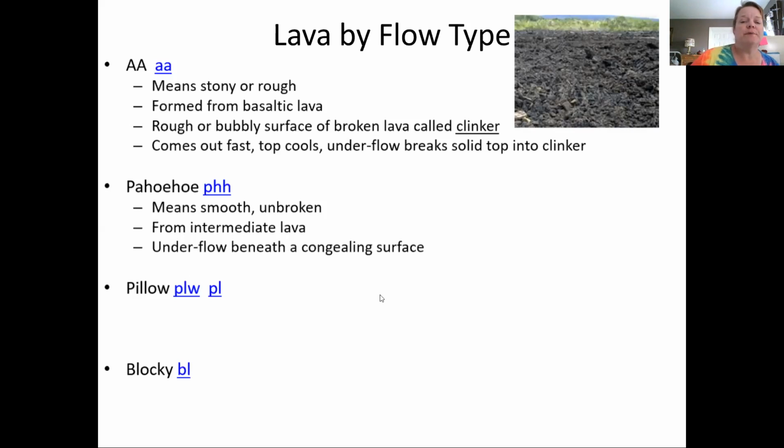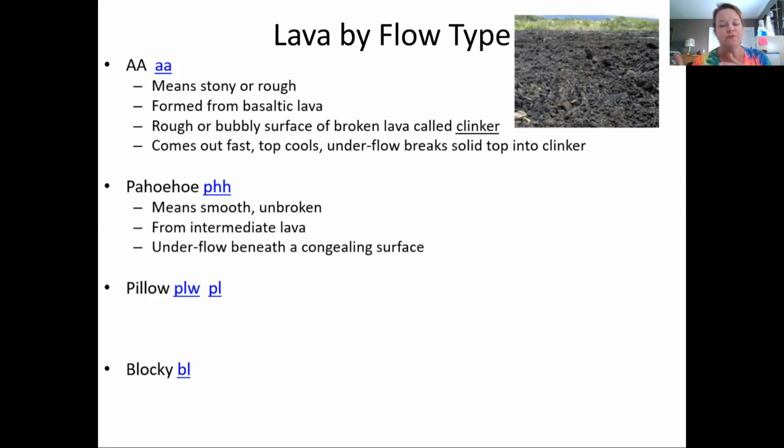The underflow beneath a congealing surface. So with a'a lava, the surface hardened to fragile, very hard rock. With Pahoehoe, the top is cooling, but it's congealing. It kind of has a little bit of flow.